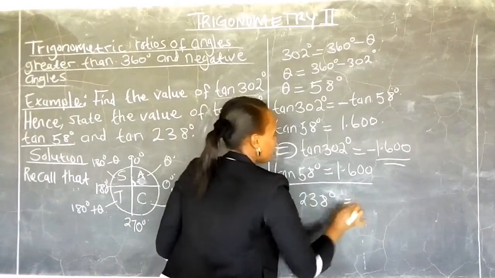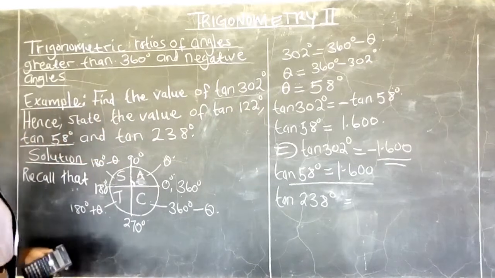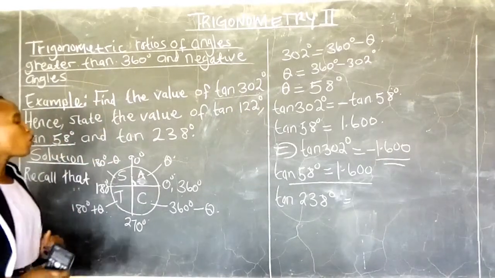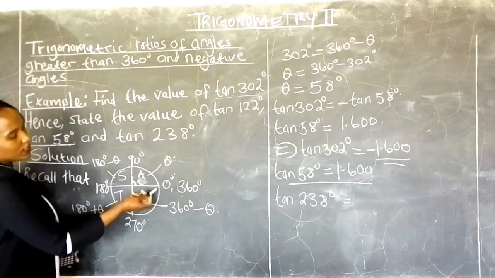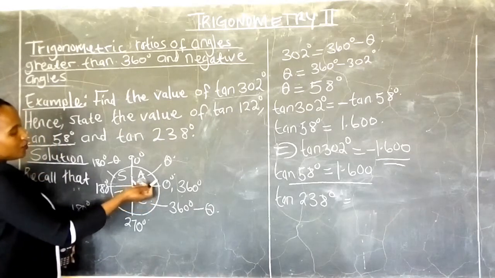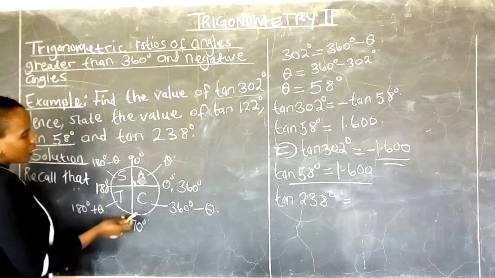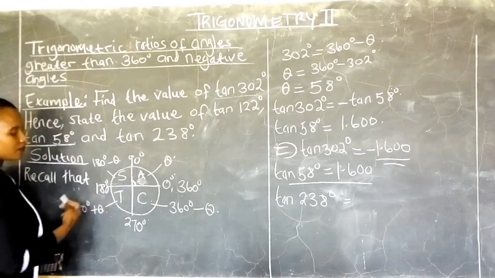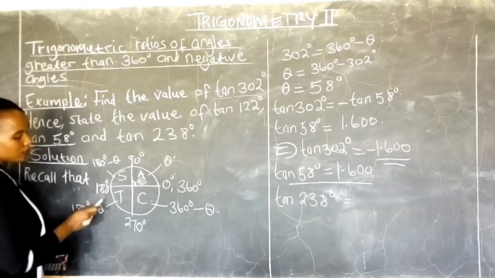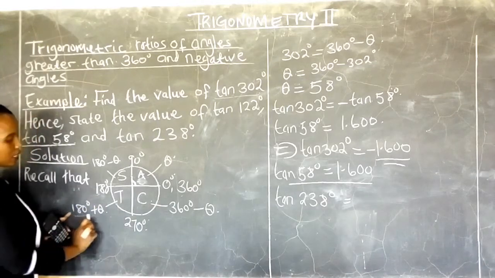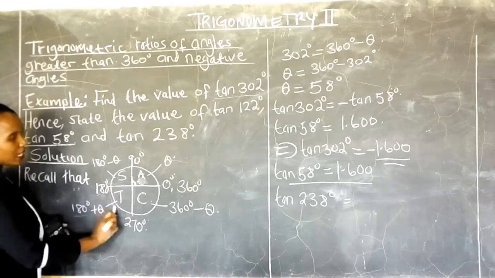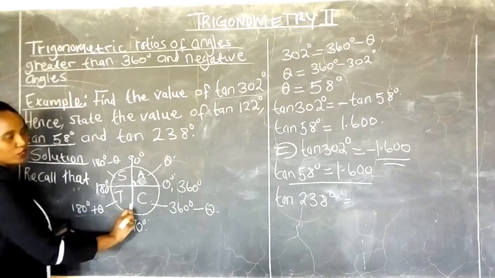That is done. And tan 238, we are also supposed to find tan 238 degrees. Let's see what we're going to get. First of all, we need to know which quadrant that angle falls into. For example, this is between 0 and 90, this is between 90 and 180, and this one is between 180 and 270, and that means tangent here is positive.